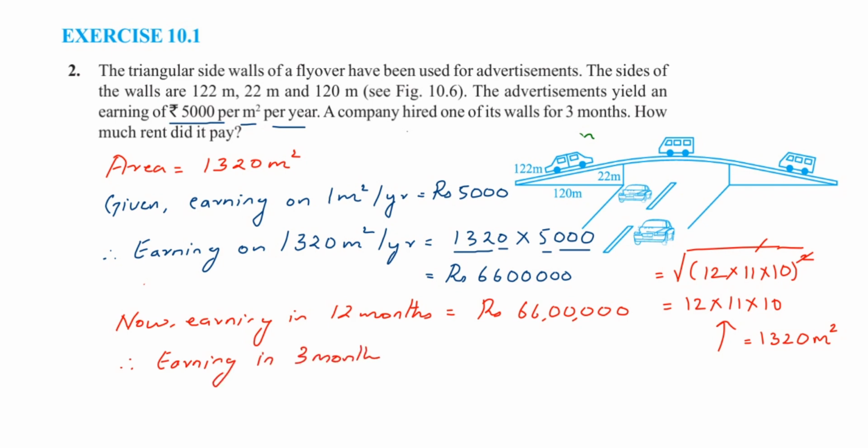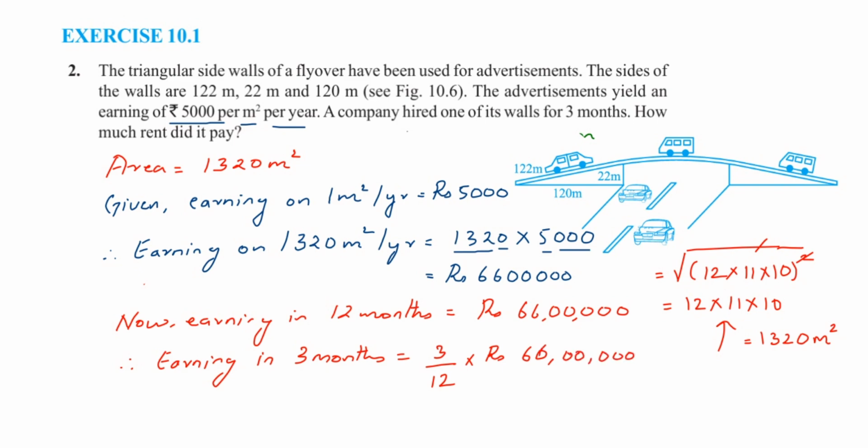will be, we are finding for 3 months out of 12 months. So the fraction will be 3 by 12. We are finding 3/12 of the total amount. Total for 12 months it is 66 lakh. Therefore, this will be 3/12 times rupees 66 lakhs. So this is the other way of doing it.